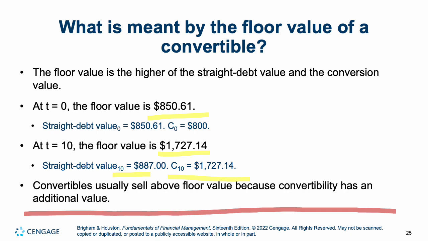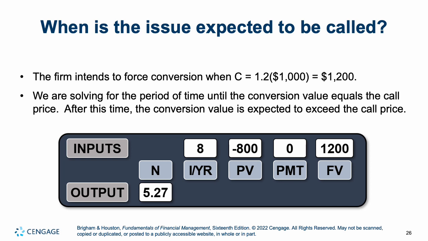So when would the company expect to call these bonds in? Remember, a company calls a bond when, if they have the right to, they retire those bonds, and if they call a convertible bond, they're going to convert them to stock. So the company's going to force conversion when it's worth $1,200. So we can solve for that. If our PV is negative 800, we're solving for the period of time until the conversion value equals the call price.